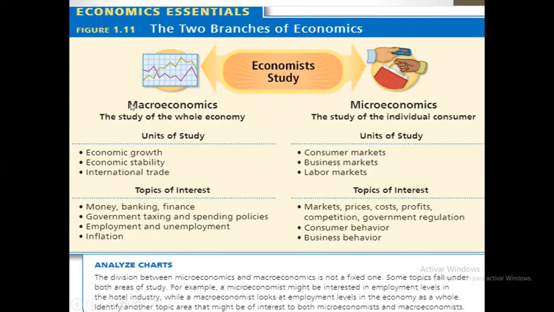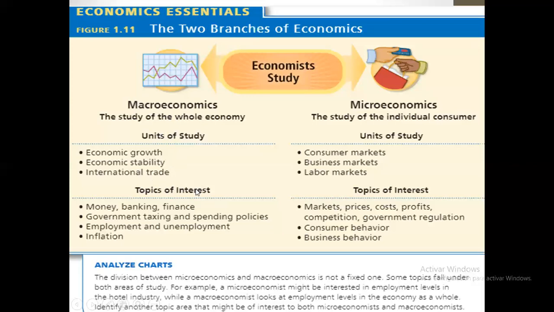Now, on the other hand, macroeconomics, the study of the whole economy. Unit of study: they study economic growth, el crecimiento económico, economic stability, la estabilidad económica, and international trade, negociaciones internacionales. That's what is involved, the units that study macroeconomics.